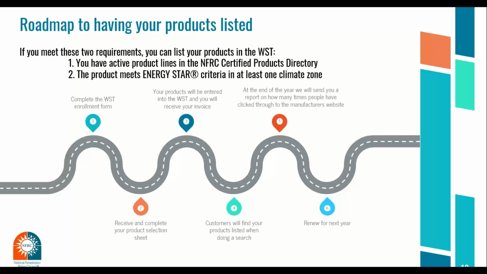So once we receive your payment, you'll then be made active in the Windows selection tool, and your products will start showing up in searches that they meet the criteria for. At the end of every year, we'll send you a report on how many times people have clicked through to your website. And then finally, you can renew for next year.